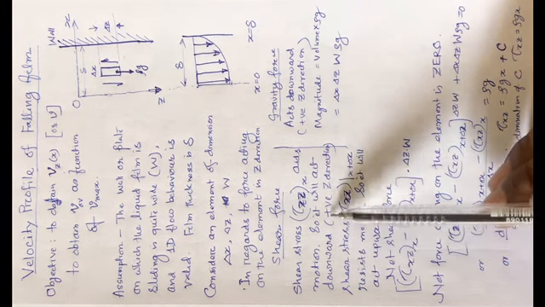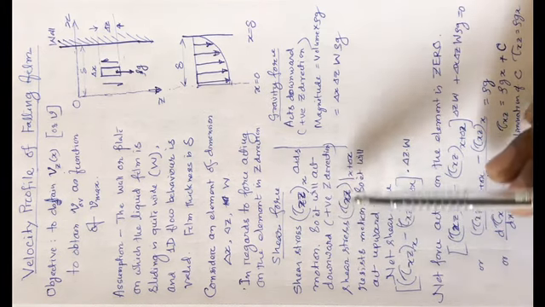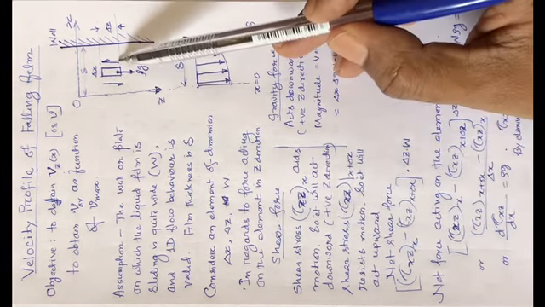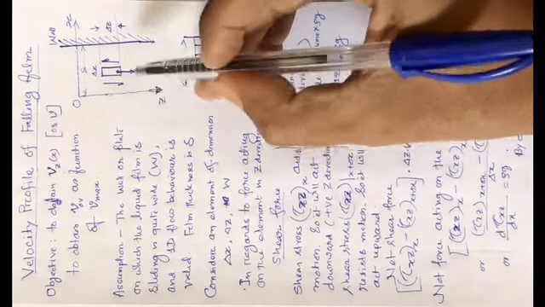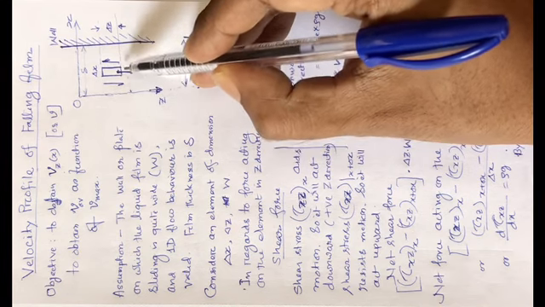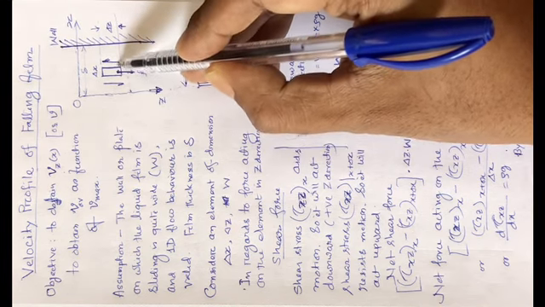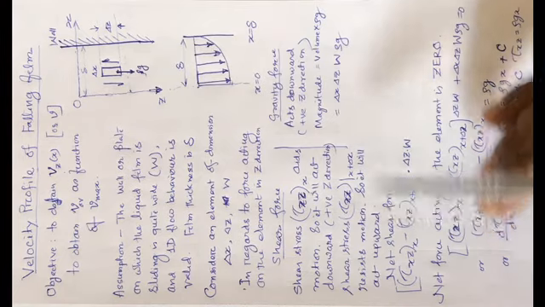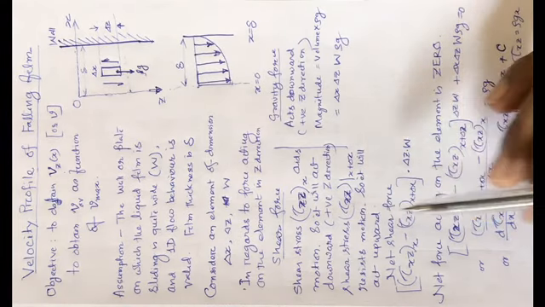This is moving downward, so we are taking it as positive. Another value: up to here the distance is x, then this will be x plus delta x. At the second point it is x plus delta x, but it is acting upward.